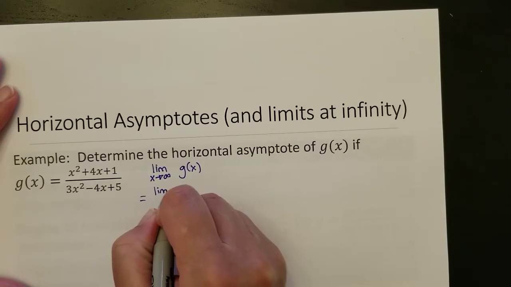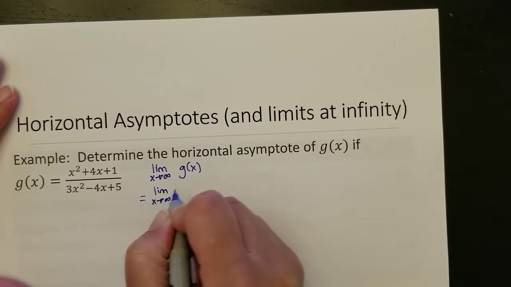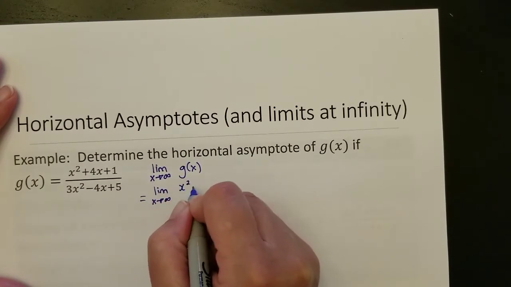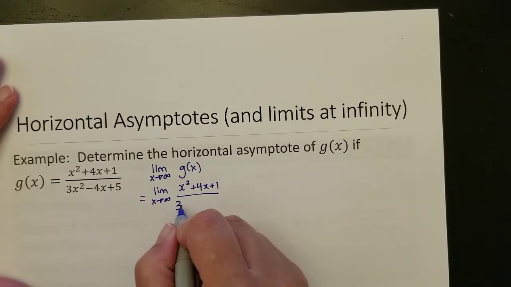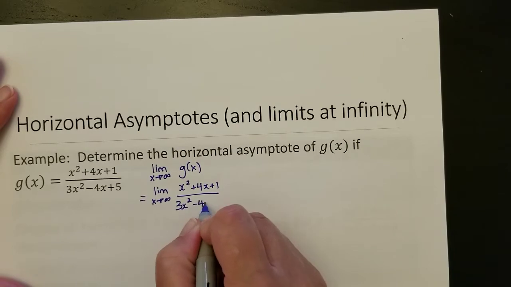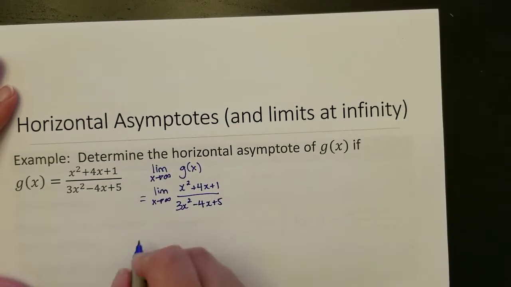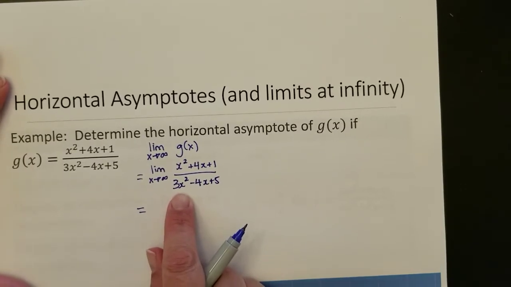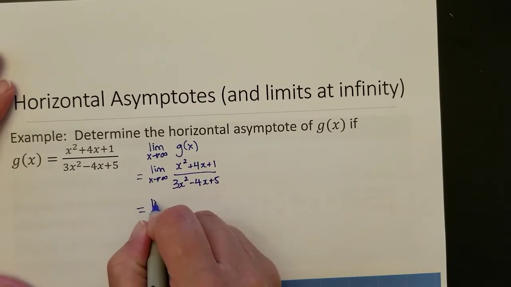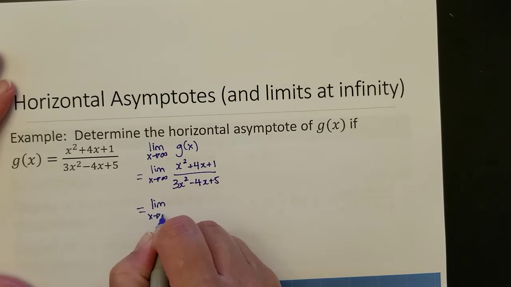So this is the limit as x approaches infinity of (x squared plus 4x plus 1) over (3x squared minus 4x plus 5). And here I'm going to factor out the highest degree of x, which is an x squared. I'm going to factor that out from the top and bottom.